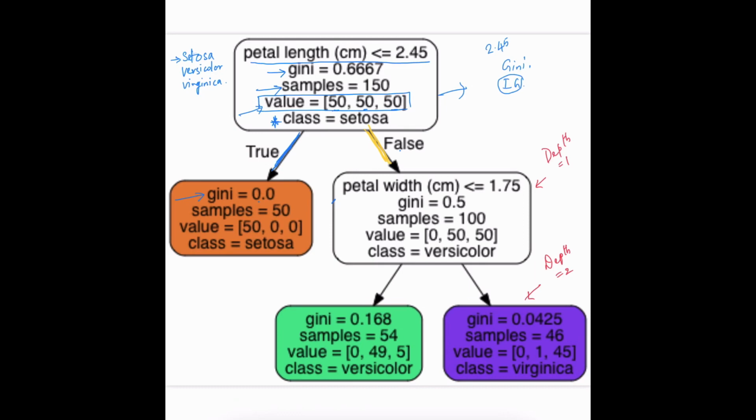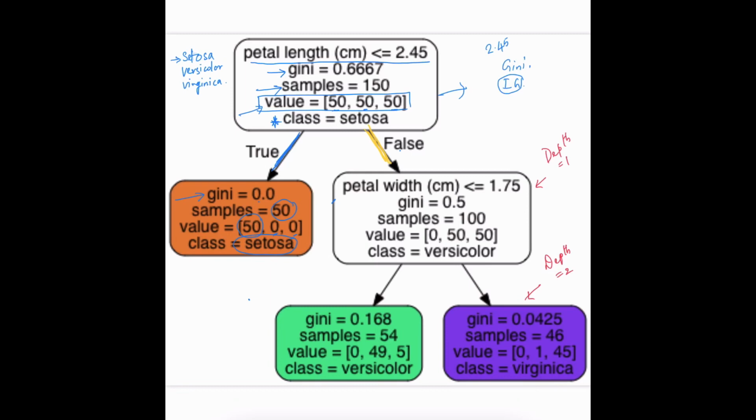And this is true here because all the 50 samples that are coming through this branch are in the same class, right? So there is 0 in the other classes, and that class name is nothing but Setosa.